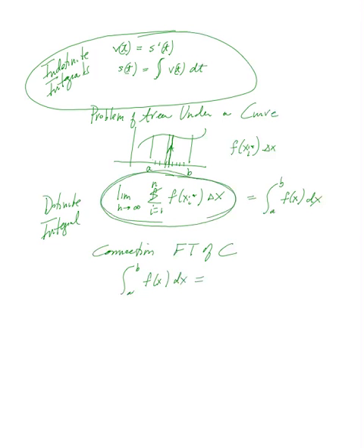What you can do is find an antiderivative of this function and plug in the endpoints. So for example, the definite integral from a to b of x squared is just x cubed over 3 evaluated from a to b, which would be b cubed over 3 minus a cubed over 3.